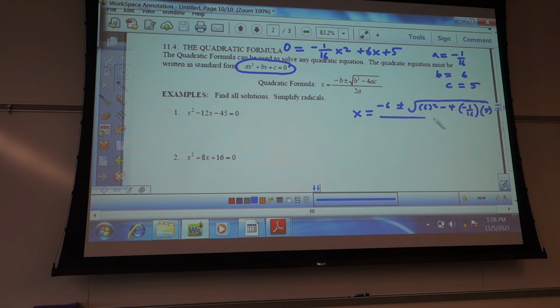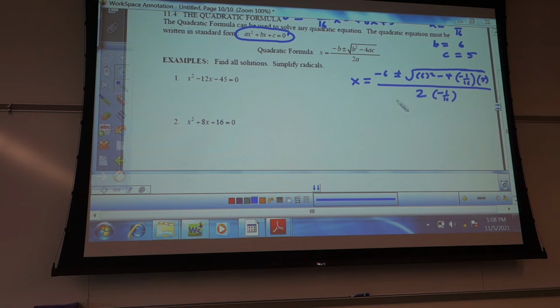All of that is over 2 times a, negative 1/16. This is kind of a pain, but we'll work through it. So we'll get negative 6 plus or minus, the first part, 6 squared is 36. Then if I put this in my calculator, minus and minus cancels out, and I'll get plus 5/4, or 1.25.